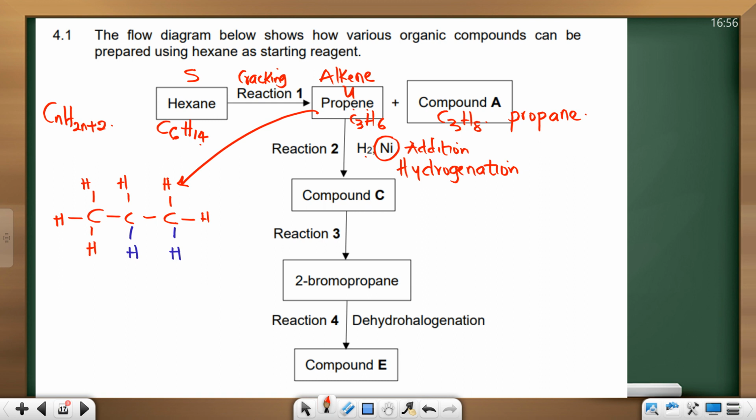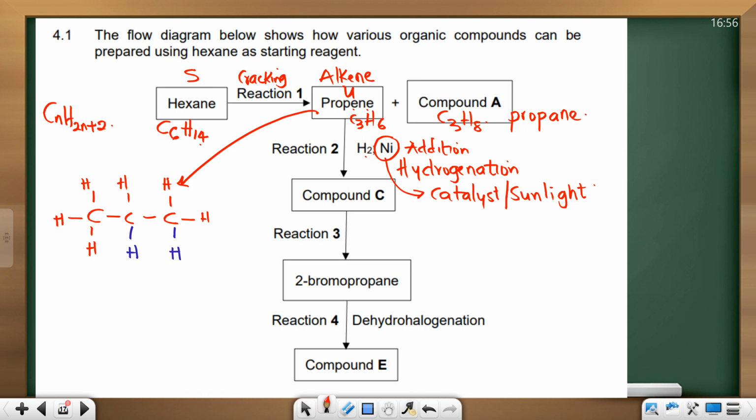When it comes to hydrogenation, nickel acts as a catalyst. So for hydrogenation, we use a catalyst and sunlight. Just take note of that condition. Your catalyst will be nickel or platinum, and sunlight. Please put that note down quickly.